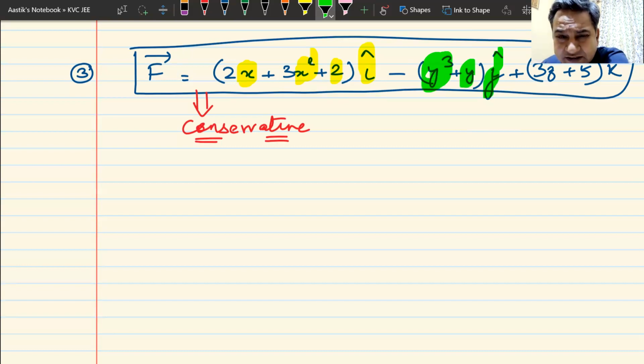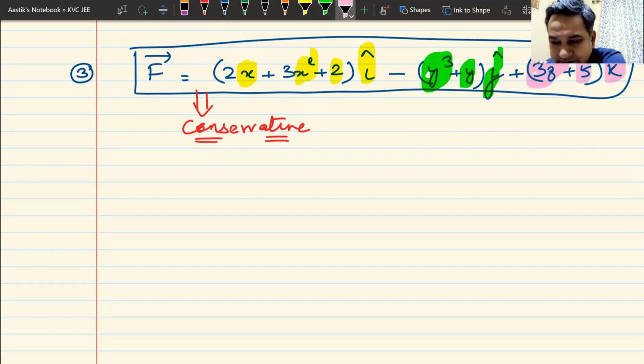If I differentiate these with respect to x or z, my answer would be 0. If I look at the terms with k, I only see z and constant terms. Their derivative with respect to x or y will be 0. So all derivatives will come 0. So this has to be a conservative force.